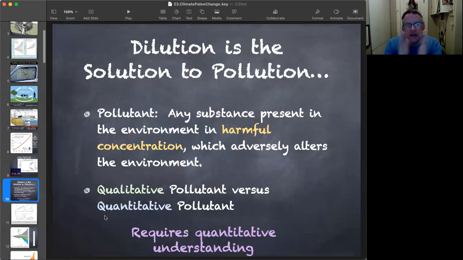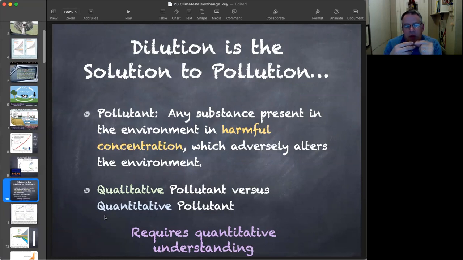So dilution is the solution to pollution. This is one of the key ideas behind waste disposal. But a pollutant, as we said, is any substance present in the environment in harmful concentration, which adversely alters the environment. It doesn't have to be toxic, it just has to have an adverse effect on the environment, and it has to be at a harmful concentration.